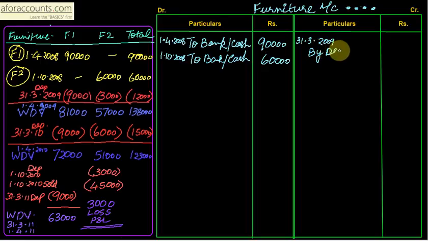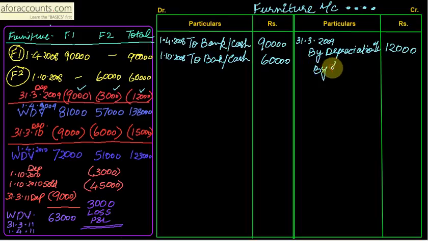So by depreciation account, 9,000 was our depreciation and then 3,000 was our depreciation. Total depreciation 12,000. So write here 12,000 directly from the working, and the remaining is your balance carried down.